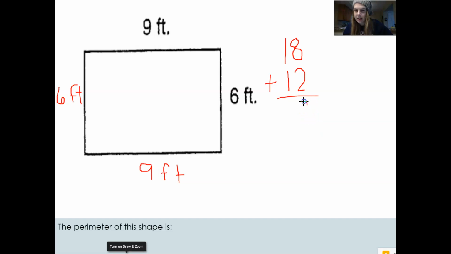I can't fit all 10 ones there, so I need to regroup my extra 10. 1 plus 1 plus 1 is 3. So the perimeter of this shape is 30 feet.